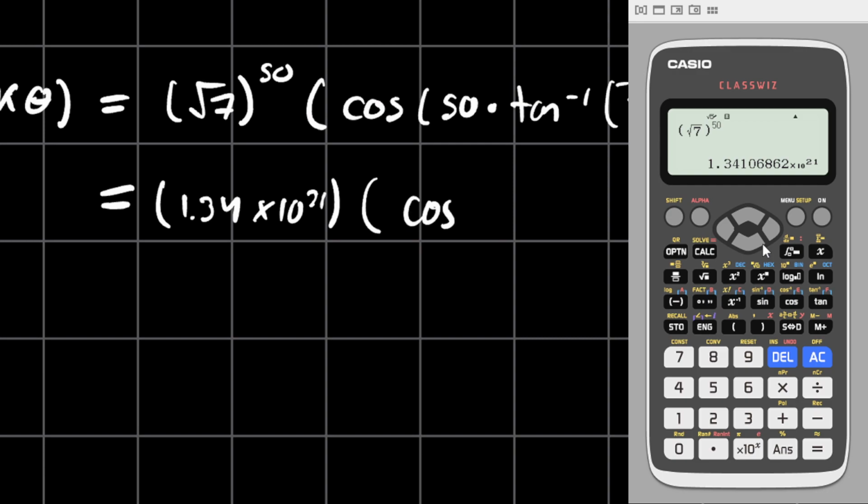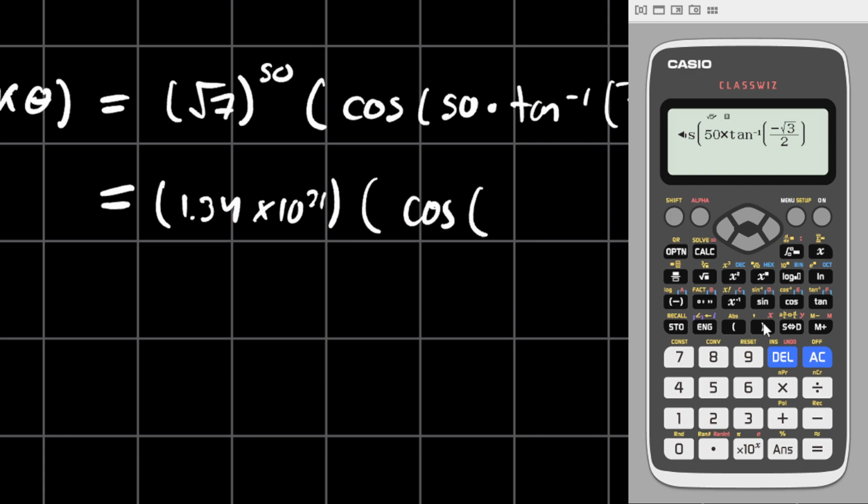And then cosine of 50 times arctangent of minus square root of 3 over 2.